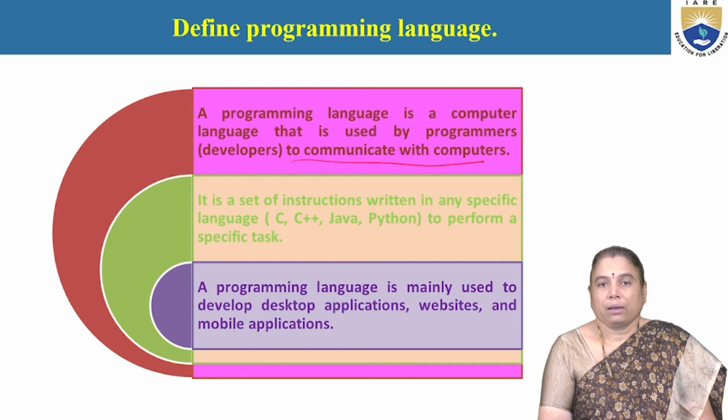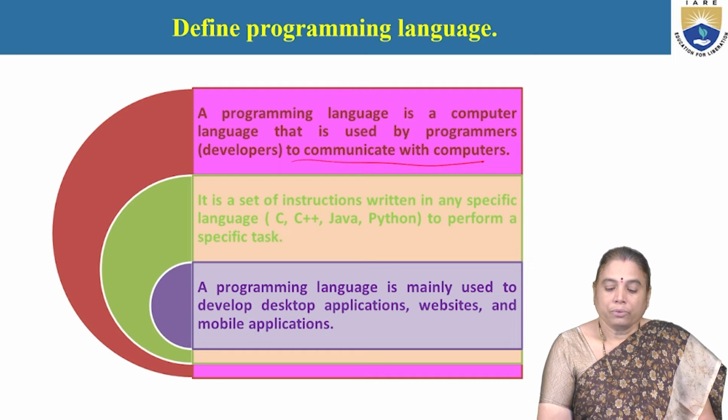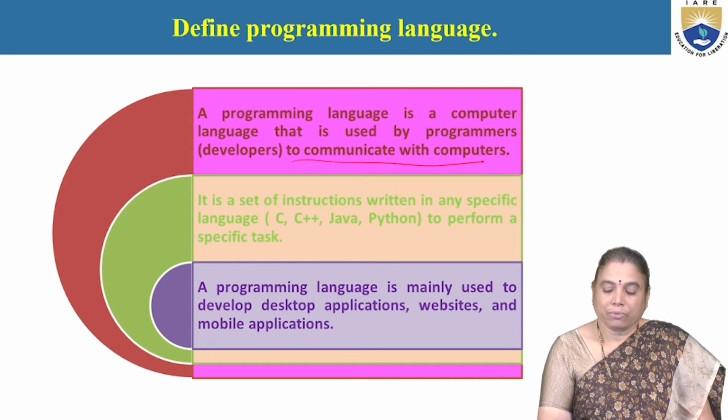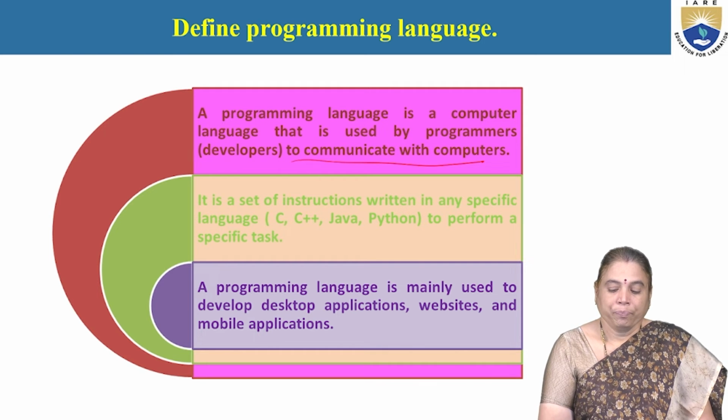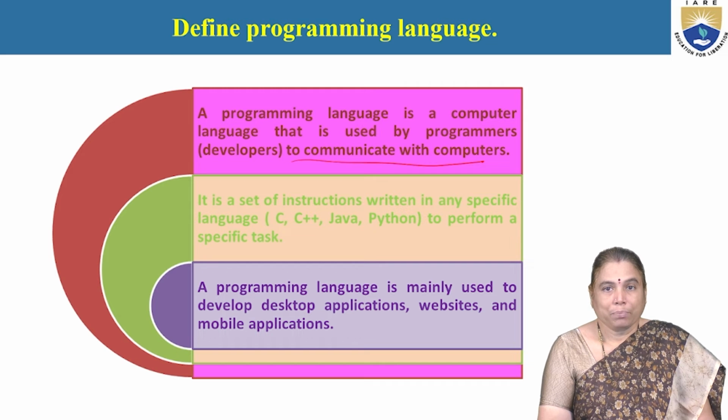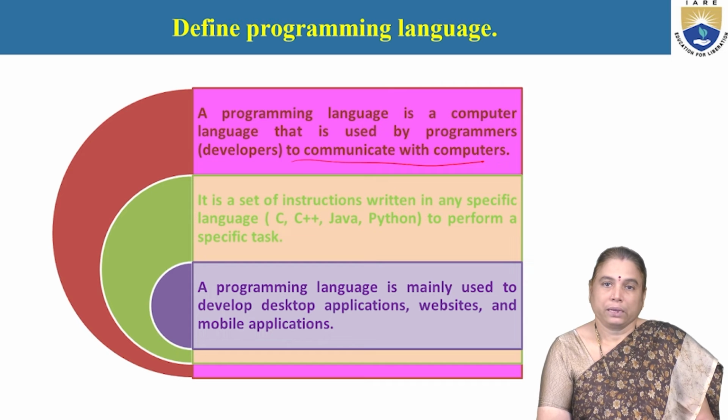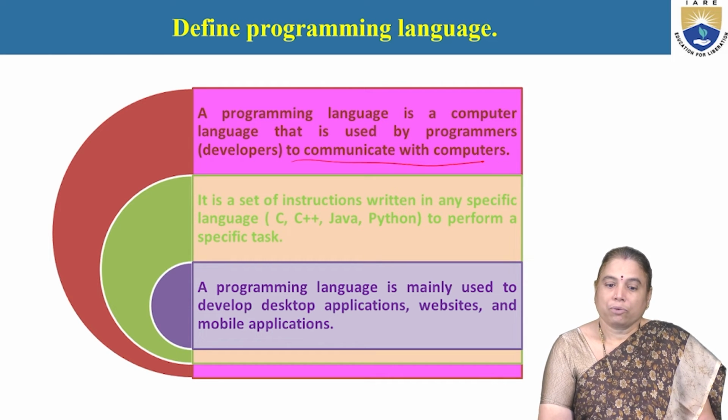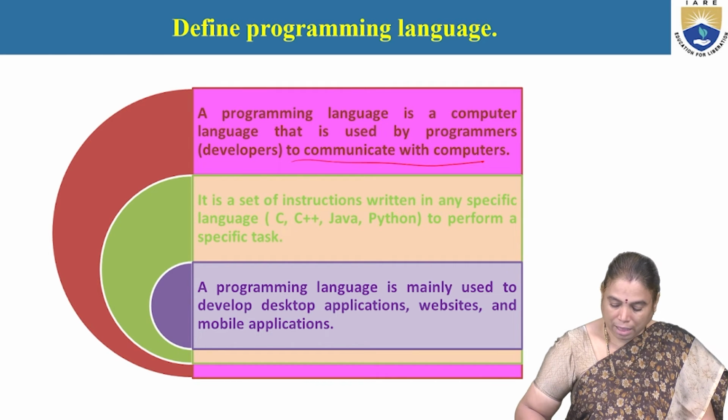Various programming languages are available, and by using them, a set of instructions can be developed to perform a specific task. A programming language is mainly used to develop desktop applications, website applications, and also mobile applications. A variety of programming languages are available.